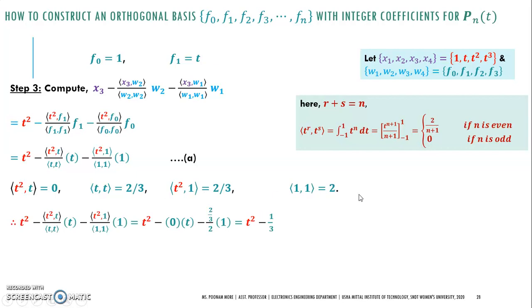Similarly we will calculate the rest of the terms, and by substituting these terms in equation A we get the value for this term as t square minus 1 by 3. Now, clearing the fractions of the above result, we set f2 equal to 3t square minus 1.